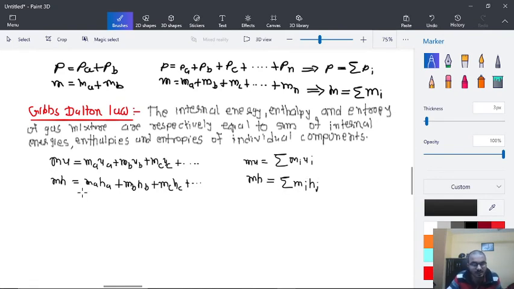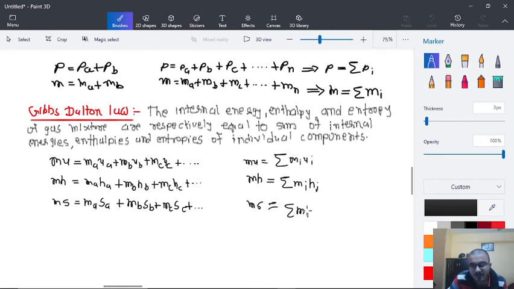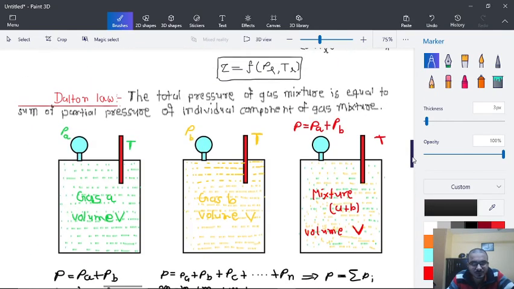Similarly for entropy: Ms = MA SA + MB SB + MC SC + ..., so Ms = sum of Mi Si.